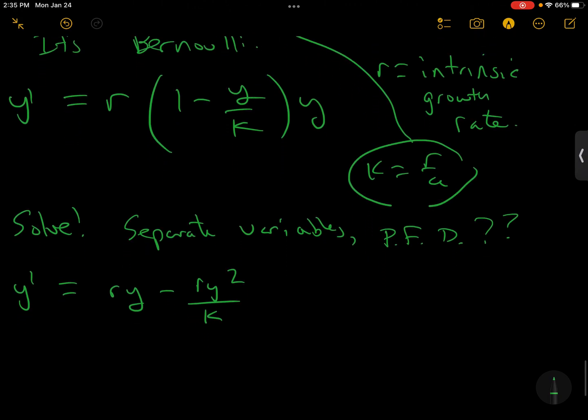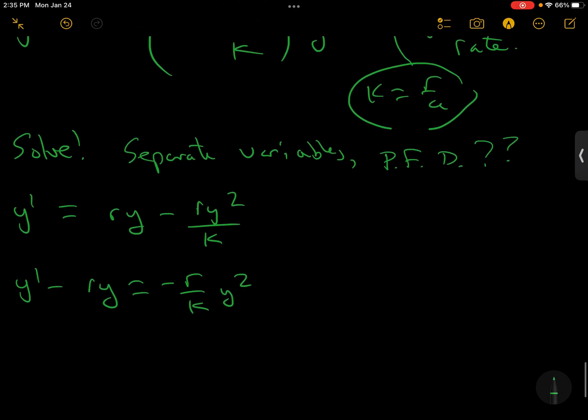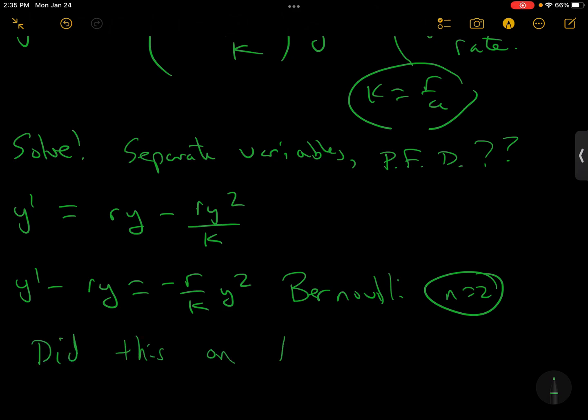Rewriting it, we have y prime equals ry minus r over k y squared, and this is Bernoulli with n equals 2. And it's a really clean solution. In fact, you did it for homework. So there you go. I'm going to assign a couple of these for homework, just so you have a feel of how to interpret these, and hopefully you enjoy it.